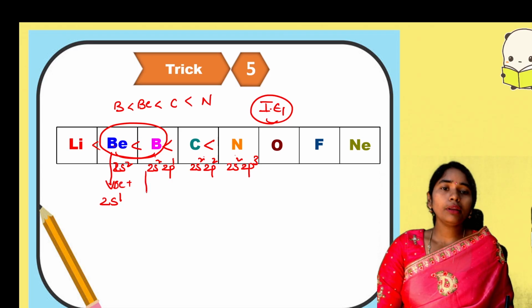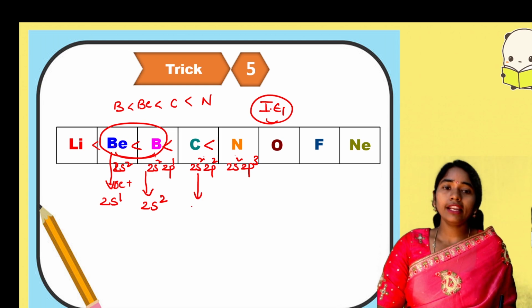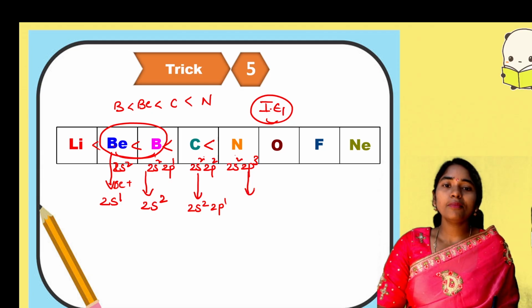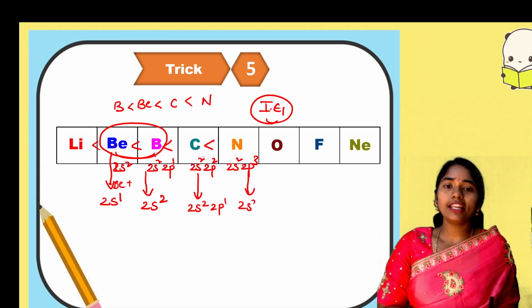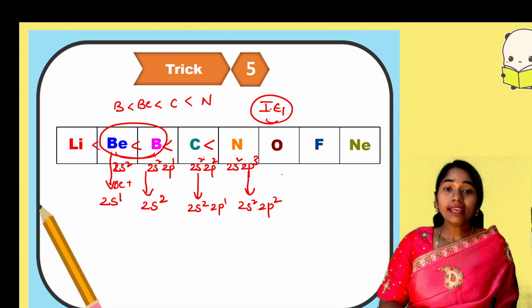And I am going to remove 1 electron here, then I get 2s2. Here I am removing 1 electron, then I am getting 2s2, 2p1. Here I am removing 1 electron, so I am getting 2s2, 2p2. This is IE1. IE1 I removed.